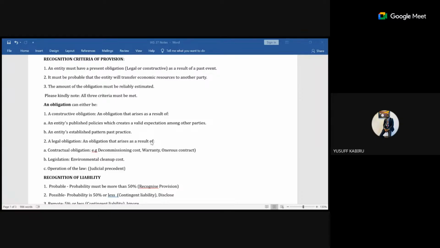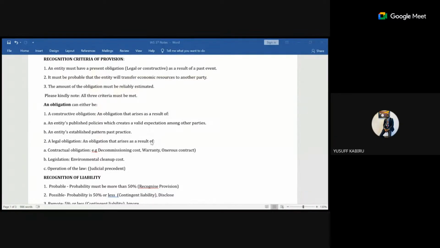That's probable, we are coming to fix it, don't worry. It must be probable, that is, there must be a 50% chance that the entity will transfer that economic resource. And please remember, economic resource, don't let it confuse you. It's like cash, assets, or other things that can be transferred to another person. Then number three, the amount must be reliably estimated.